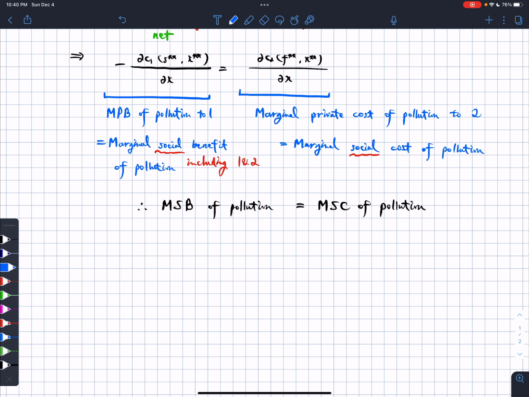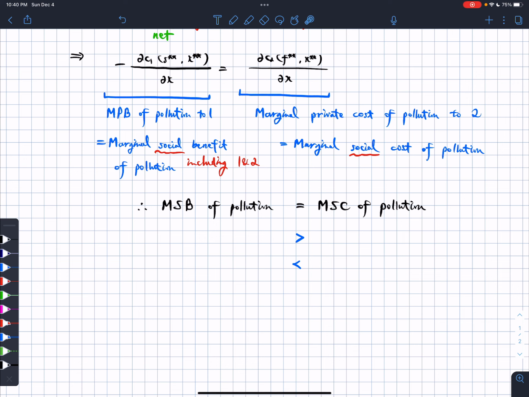This is not so surprising, because think about what would happen if this equality is violated. Suppose the left-hand side is larger, so the marginal social benefit of pollution is larger than the marginal social cost of pollution. That means as you pollute one more unit, you get a larger benefit than the cost to society, so it is welfare enhancing to pollute a little more, and the current level of pollution is not optimal.